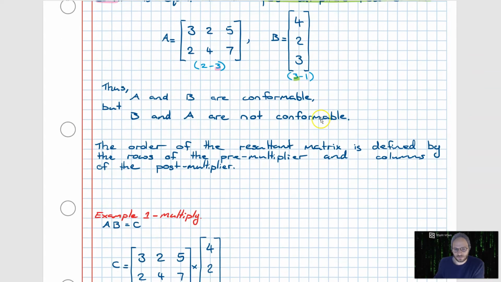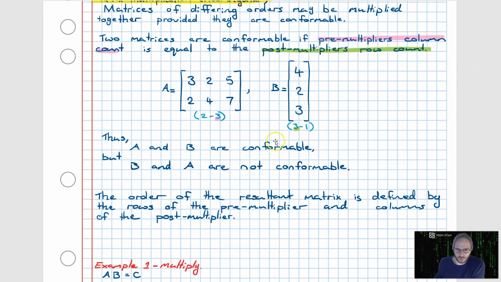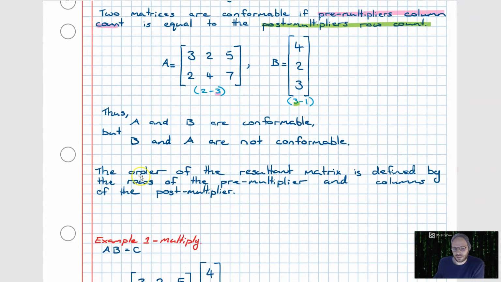Now, going down, if we're multiplying matrices of different orders together, what we're going to find is that we're going to get a resultant matrix of a completely different order altogether to A and B. The order of the resultant matrix is defined by the rows of the pre-multiplier and the columns of the post-multiplier.